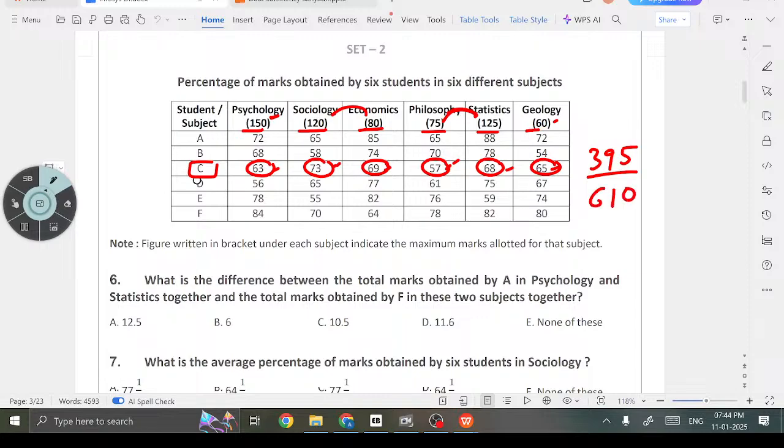So this many marks he got out of 610, into 100, because I want the percentage. Now, I don't know what the options are, but this is almost equal to 6 times, so just approximate it. 6 into 6 is 36, 35 will be remaining. So almost 66 percentage must be the answer.